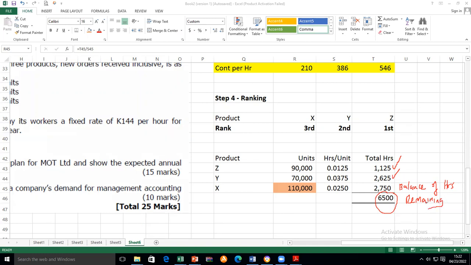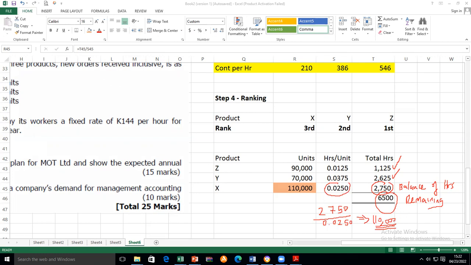Okay. So out of this, how do we get 110? We say, okay, if you've got that, and each unit requires that, so just divide by 0.0250. That is what gave us the 110. Is that okay?